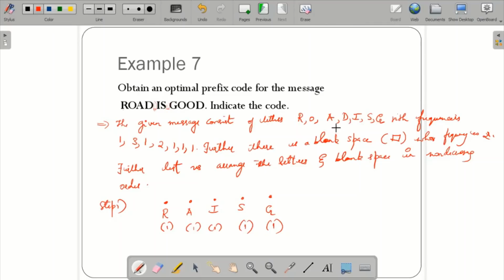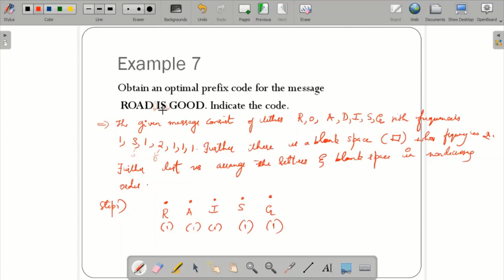What is left is with two frequencies, which is D, and then we have O with 3. In addition to this, we have the blank space with 2. D is 2, right? For the frequency 2, you can take either D first or blank space first.